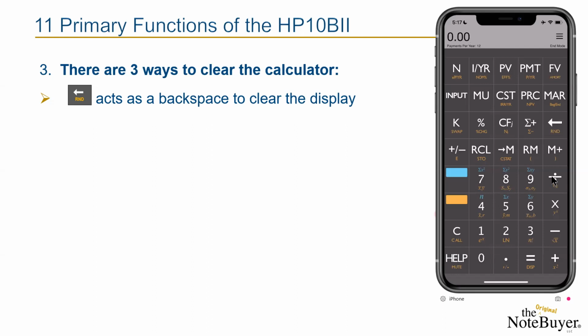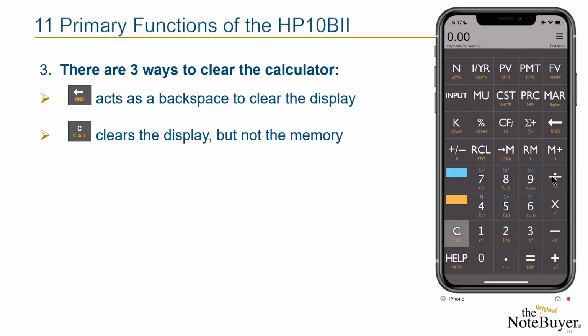So that is one way to clear the calculator. The other way to clear the display is by using this clear button. Again, let's put some numbers up there. You press that, and in one touch of the button, it takes you back to 0.